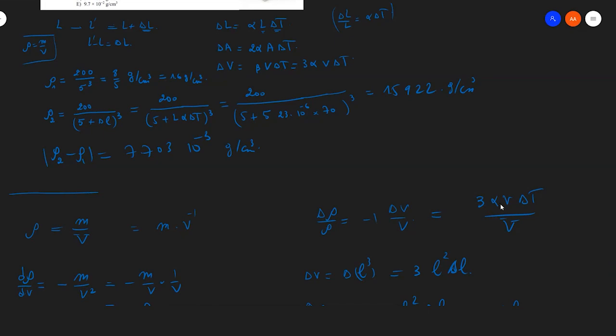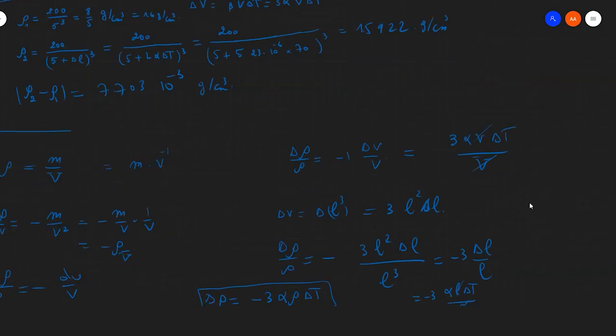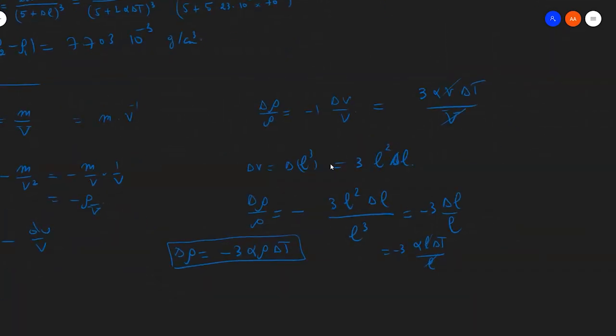When you use delta V equal to 3 alpha V delta T, you simplify here, and you get the result directly, without using this one, which might be complicated. Absolutely, yes. I wanted more details, but this step here is not needed. You can use directly delta V is 3 alpha V delta T, and you get this result.